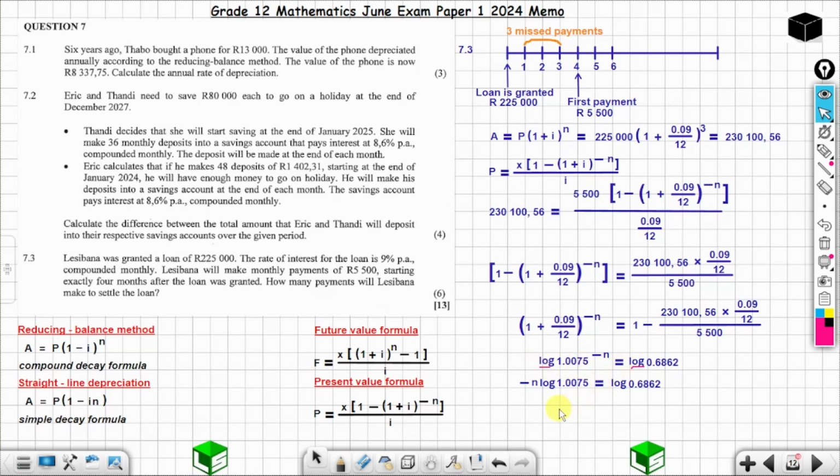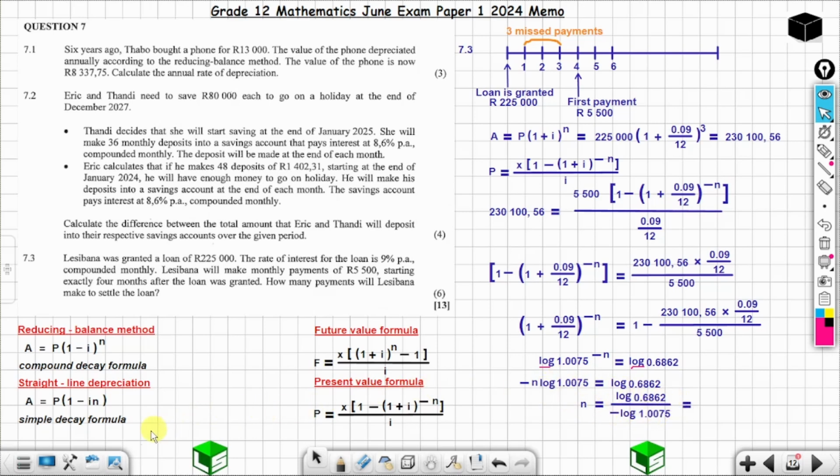Now n is equal to, you have this divided by negative log of this.